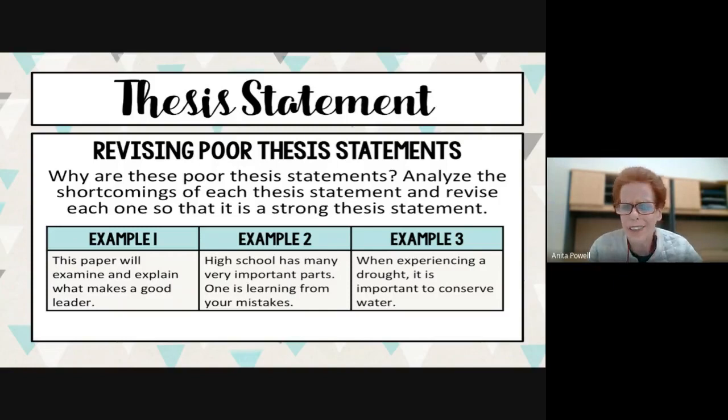In other words, be very specific, but also in that thesis, consider some of your arguments and how that thesis is going to drive those arguments and drive the paper. It needs to be specific and yet also narrow enough to focus on 3 clear arguments.